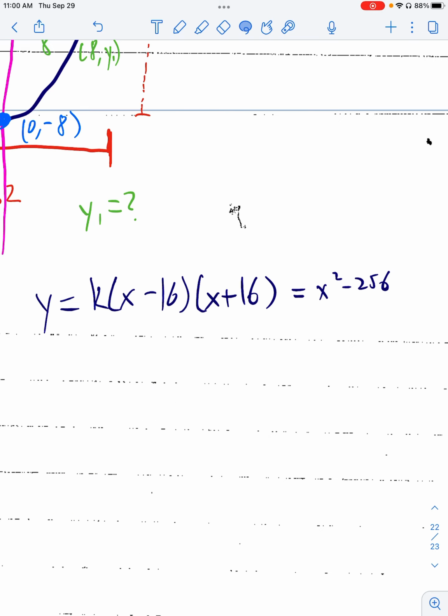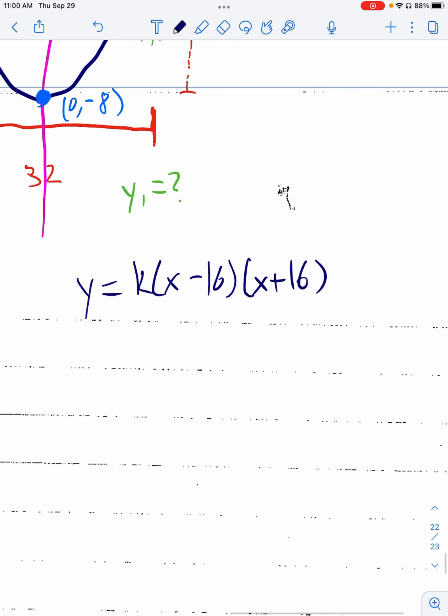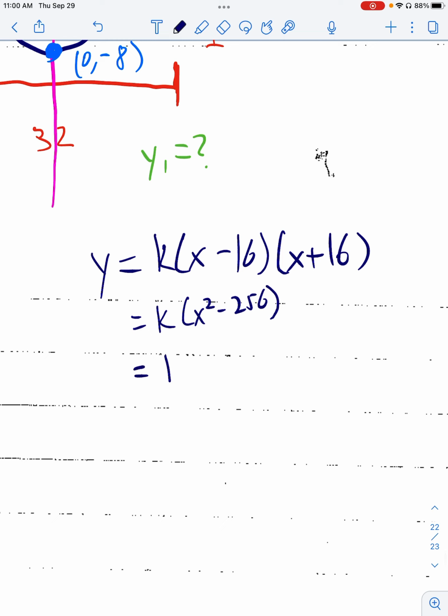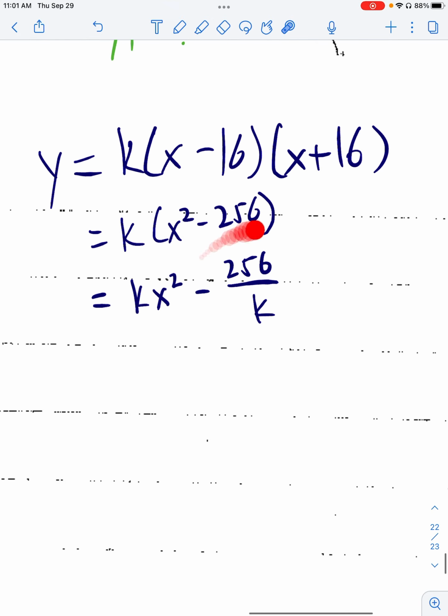So when we factor all this out and expand, we're going to get y equals k times (x squared minus 256), which gives us kx squared minus 256k. We don't need to worry about the k in front of our x squared here. It's not going to do anything to us. But we do need 256k to equal 8.